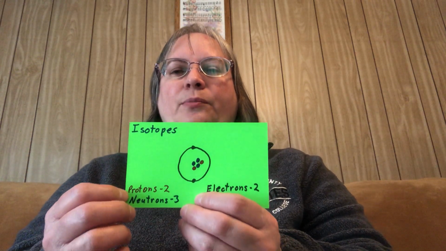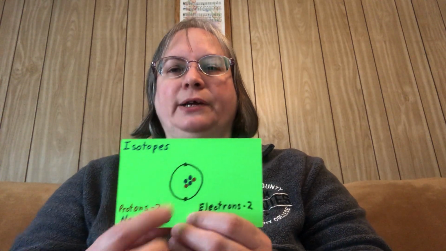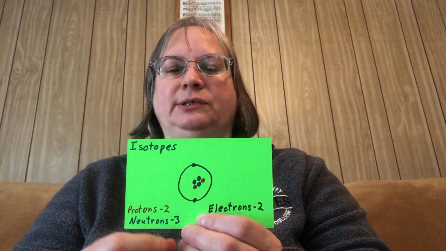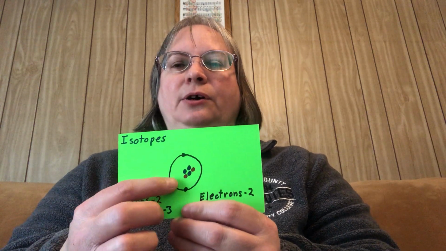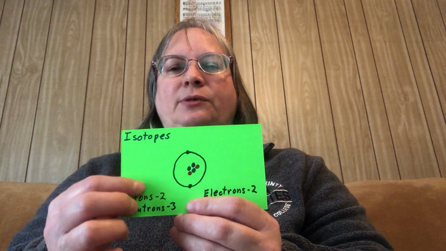Most of the rest of the 1% are carbon 13. So we have 1 extra neutron. We would have 6 protons, 7 neutrons, and 6 electrons. And those are also stable. They don't break down. So the carbon 13 is a little less than 1%.